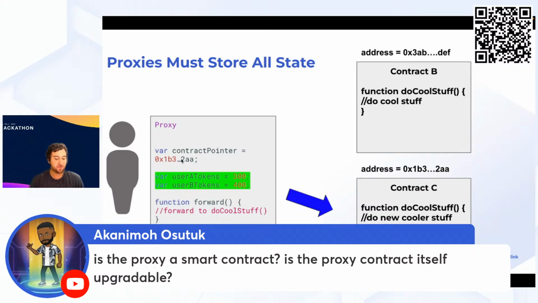You could feasibly imagine a third tier of contract that sits in between this user and this proxy, and then contract C. But then we're just going into proxy inception. Generally, you don't want the proxy to be upgradable, right? This is kind of the whole point of proxy and implementation. Proxy stays stable. Your users just point to that. The implementation is what you change.